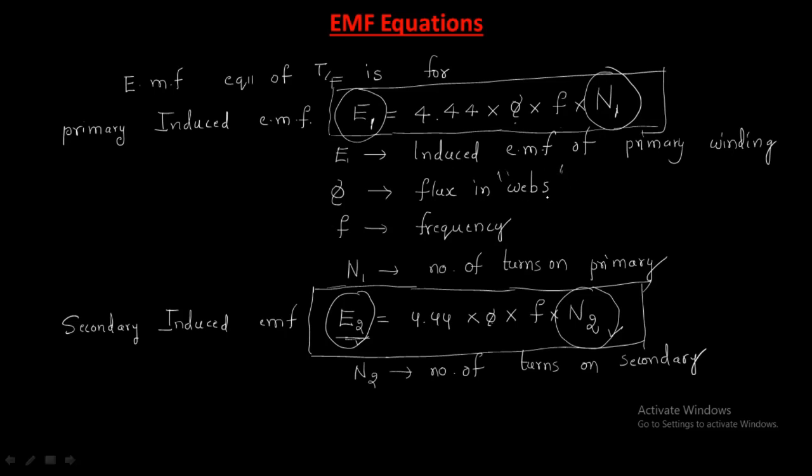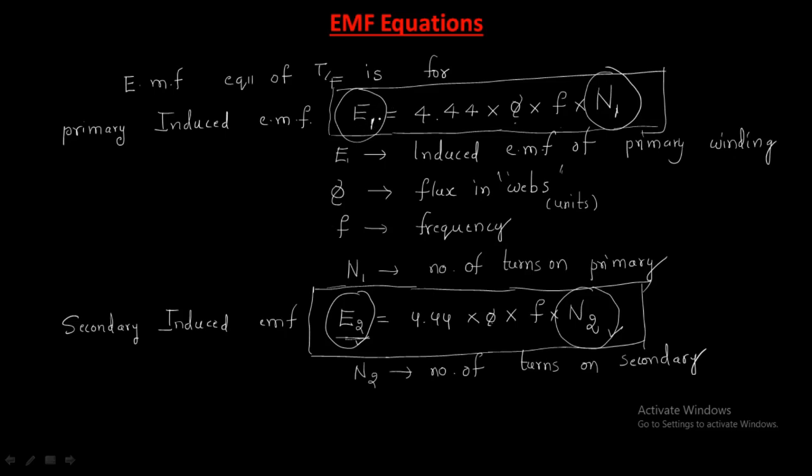Flux in Webers means this is the units. F is the frequency of the supply and N1 number of turns on primary. This N1 number of turns will decides the magnitude of the induced EMF.